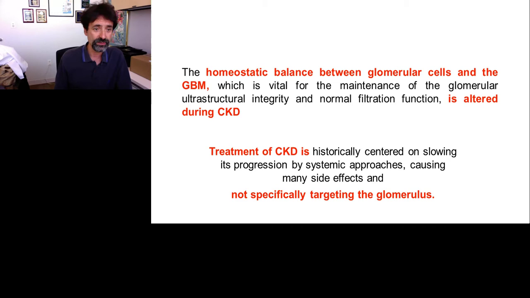And the treatment of CKD has been historically focused on slowing its progression by systemic approaches that are causing many side effects and are not specifically targeting the glomerulus, that, as we just saw, is the main functional unit of the kidney.